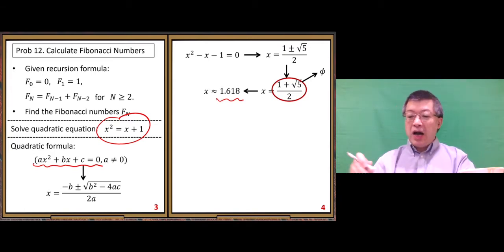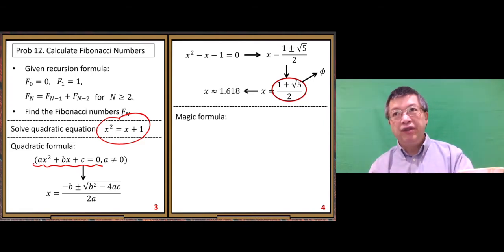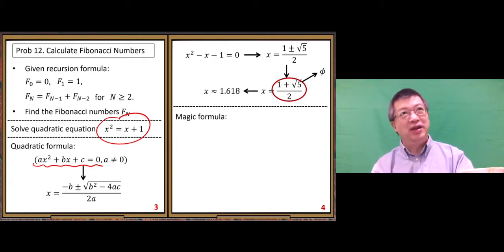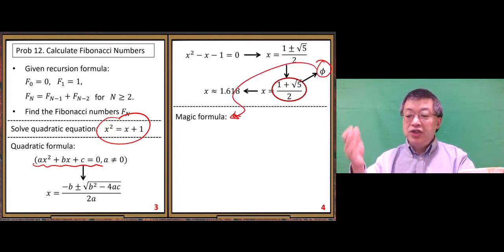After we derive this number, next we want to connect it to the Fibonacci formula. The Fibonacci formula is magic, because at first impression, it is very hard to connect the golden ratio number with the Fibonacci formula.